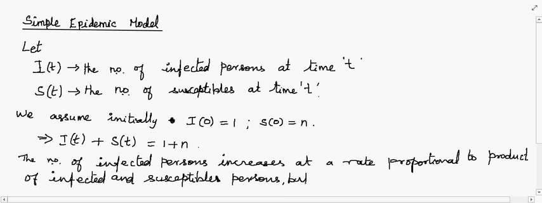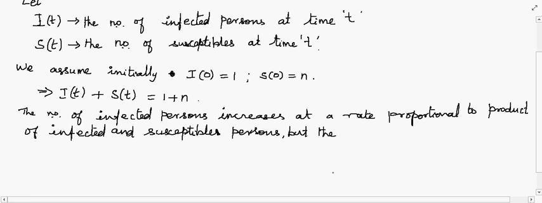But as this number increases, the number of susceptibles will decrease, so the number of susceptibles decreases at the same rate.